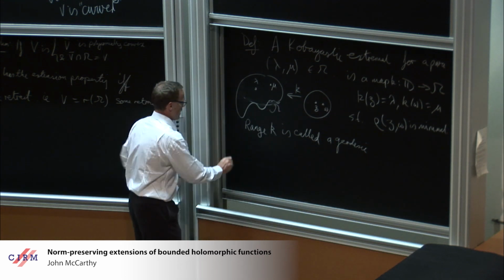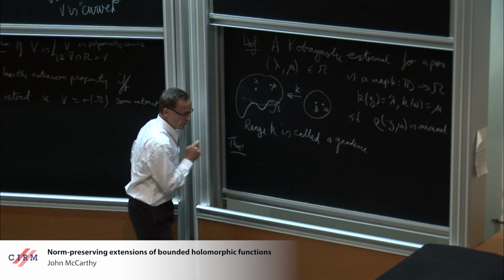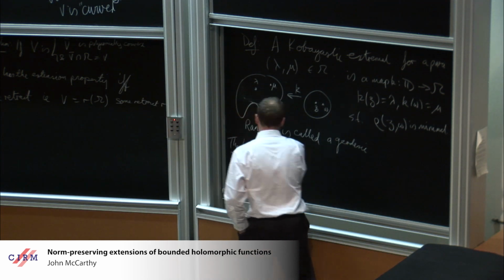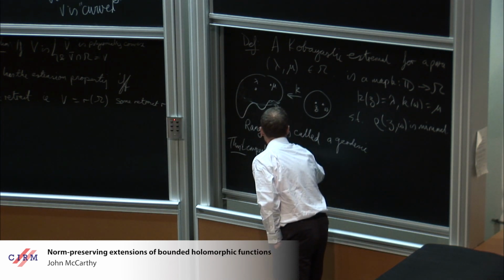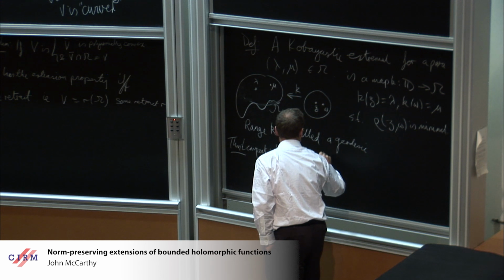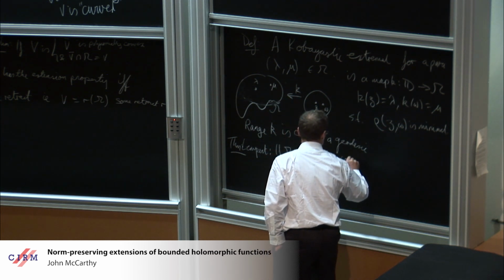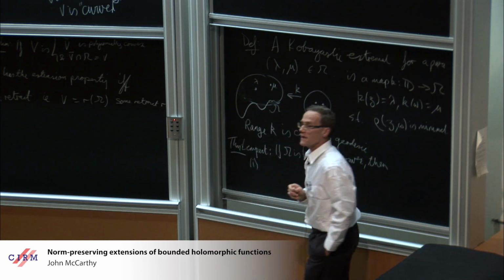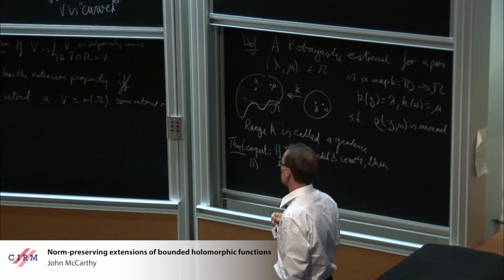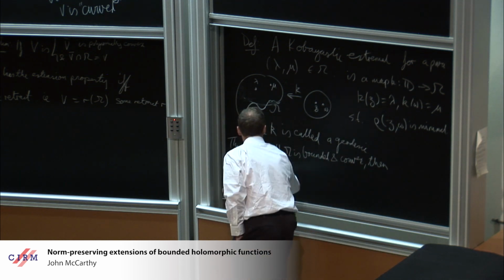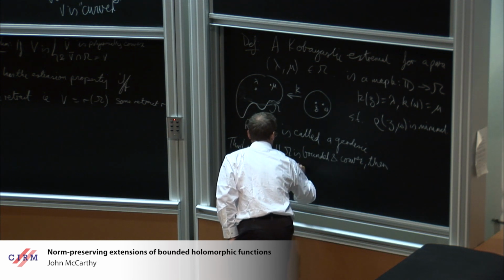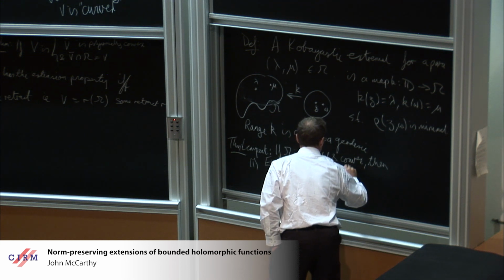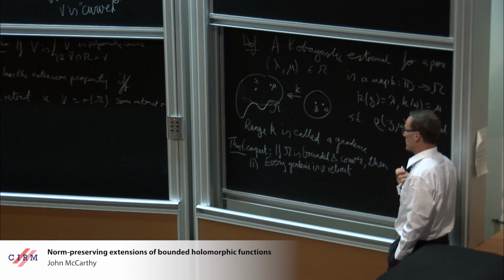And then there's a very important theorem of Lempert from the 80s, which says two things. If omega is a bounded and convex domain, the first property is that every geodesic is a retract, which he expressed as saying every Kobayashi extremal has a left inverse.